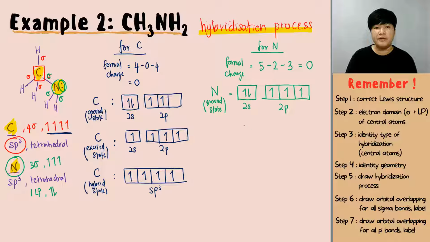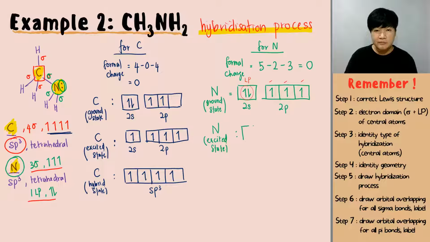Looking at the 3 sigma bonds that you need and 1 lone pair that you need, can you see the lone pair already? That shall be your lone pair, and that shall all 3 be your sigma. So is there any change in the excited state? There shall be no change in the excited state for your nitrogen in this case. The excited state shall remain the same.